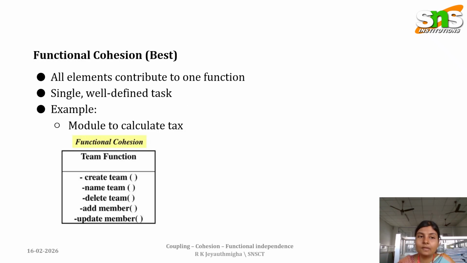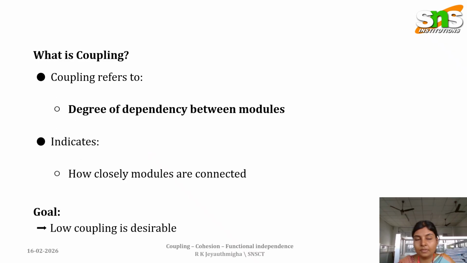Functional cohesion, all elements contribute to one function, single well-defined task. Example, module to calculate tax. The functional cohesion example, team function: create team, name team, delete team, add member, update member.